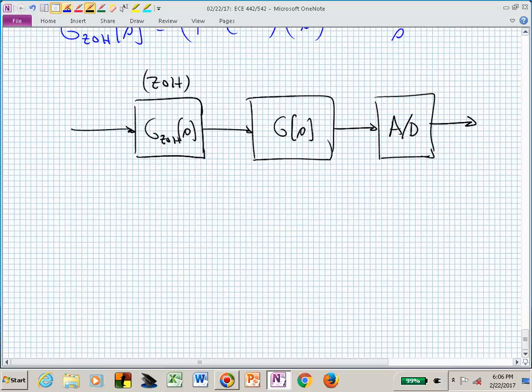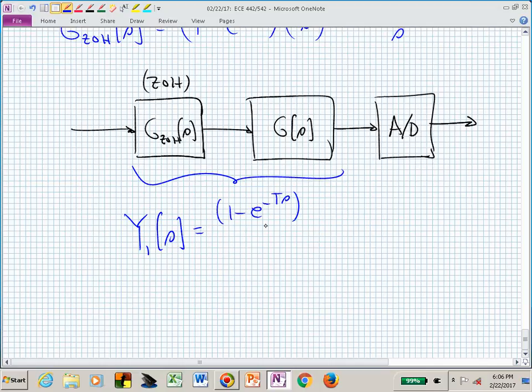We've now figured out what the dynamics of G sub ZOH look like. Let's call that combination capital Y sub 1 of s, and that's now (1 minus e to the minus Ts) over s times G of s. We're keeping G generic because we don't know whether that's going to be a first order system, a second order. We want to just develop this expression in terms of a generic G of s.